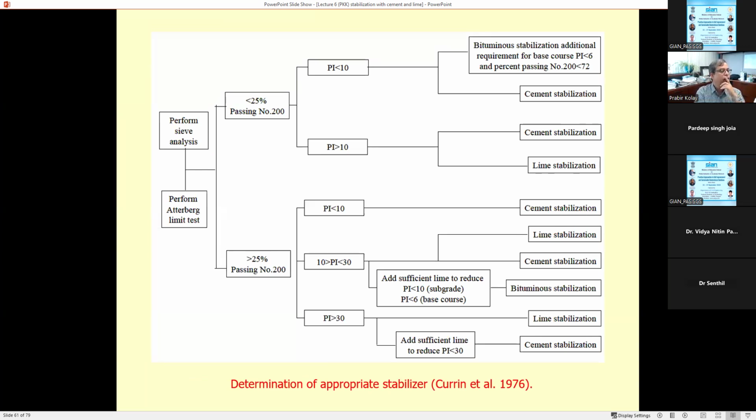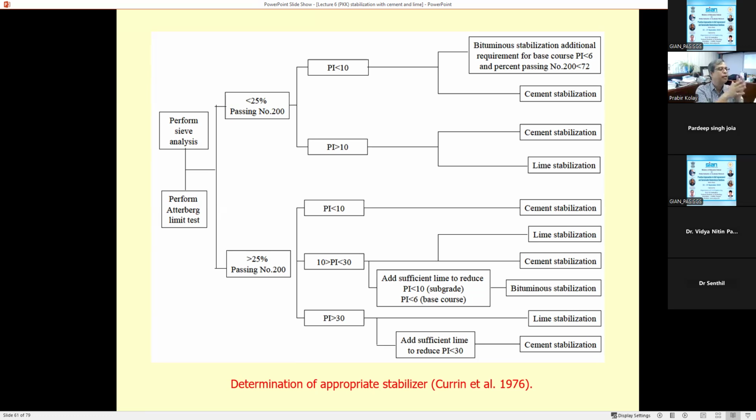So this is Cardinetol, 1976. They have a different classification: what type of stabilizer are you going to use, depending on the particle size. So less than 200, that is 75 micron, 25, and the plasticity index less than 10 and 20, you can use either cement or lime.